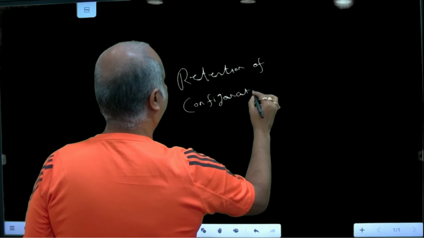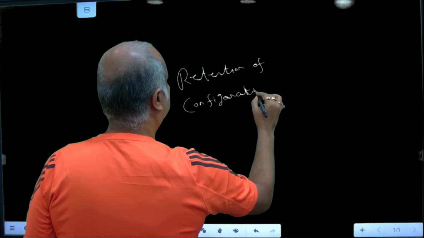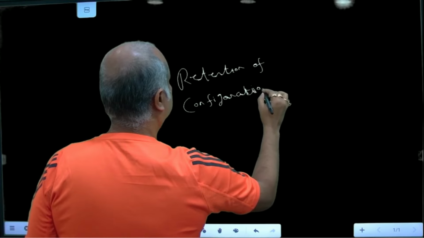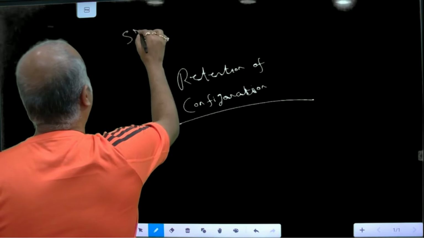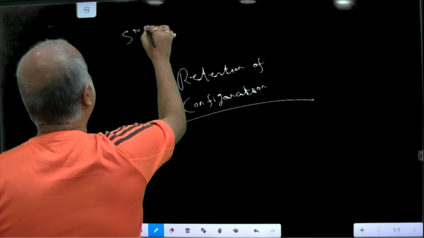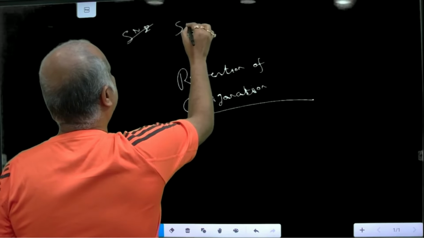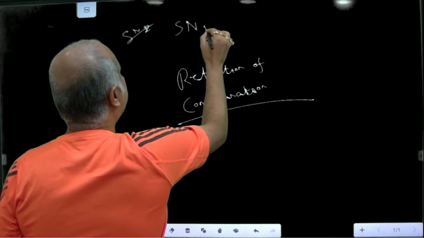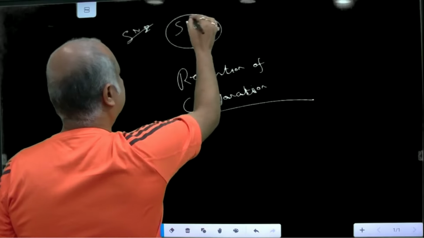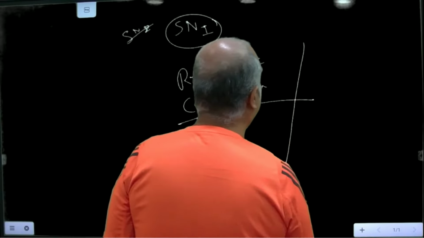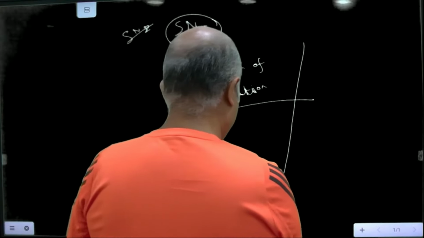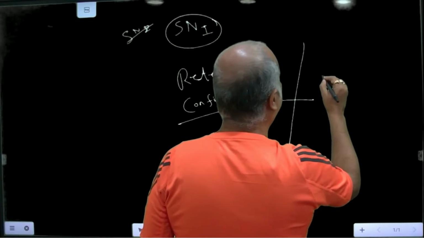That is the stereochemistry of the SN1 mechanism, that is the big part. One is retention of configuration, another is inversion of configuration.